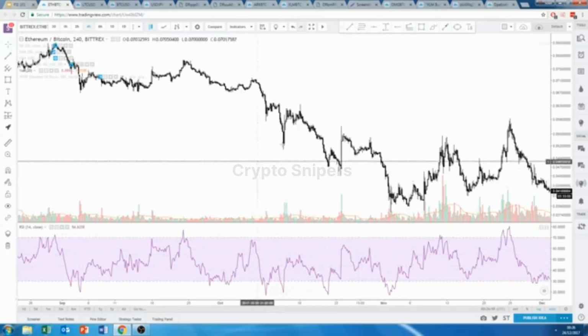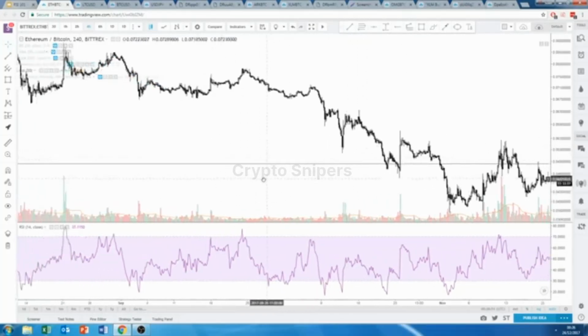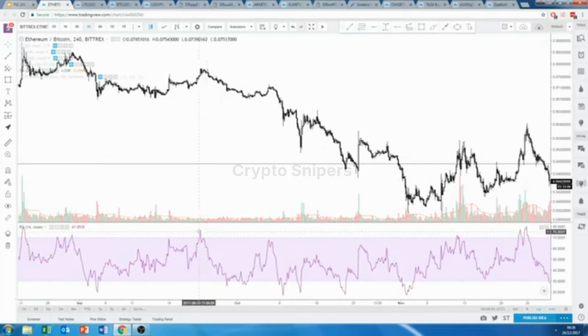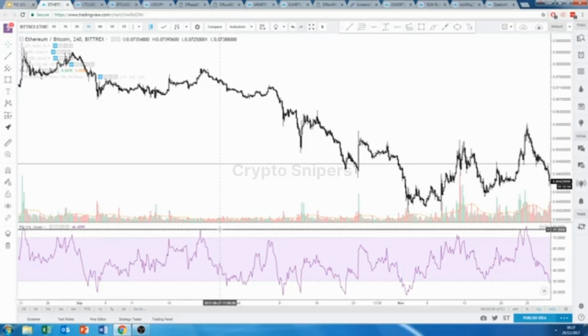So let's just look at how they behave. Here's one example. RSI at this point is at 77. So the market is overbought. It's above 70. Now let's look at what happens when the RSI level goes from above 70 to below 70. So it's telling you to short.